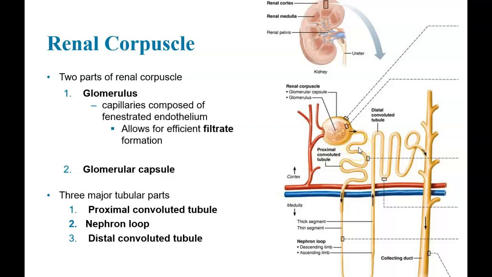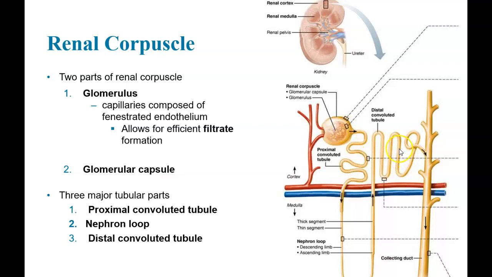Then there are the tubular components to the nephron. There's the proximal convoluted tubule. So this is the tubular portion that's closest to the glomerulus. That's why it's called proximal. There's the nephron loop, also known as the loop of Henle. And then there's the distal convoluted tubule. So it's the distal convoluted portion that's farther away from the glomerulus.